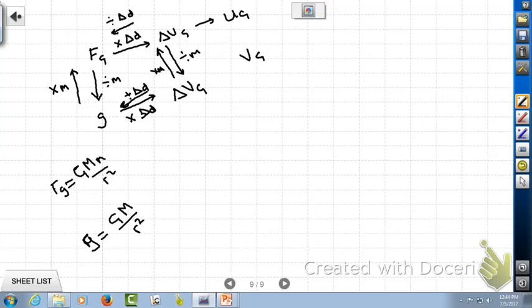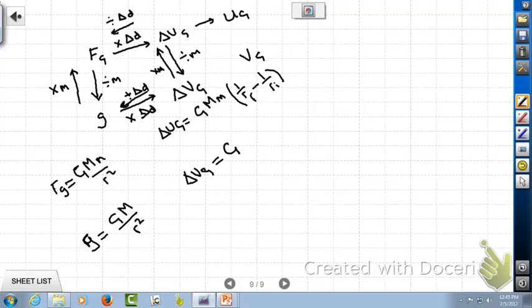And I can tell you that my delta UG is going to equal big G, big M, little m, 1 over R final minus 1 over R initial. And I can tell you that delta VG is equal to big G, big M, 1 over R final minus 1 over R initial. The difference between these two is we don't have that little m in it.